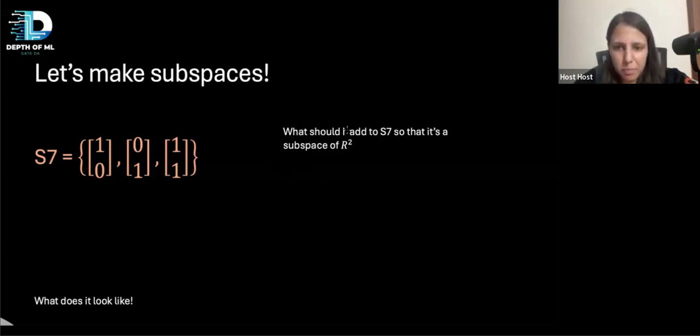What should I minimally add? Can you give me an equation rather than saying all the other vectors from R2 except these? Try to come up with a minimalist equation of vectors such that if I add that particular set to this, it becomes a complete subspace.